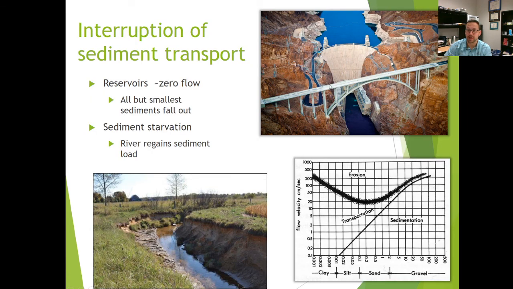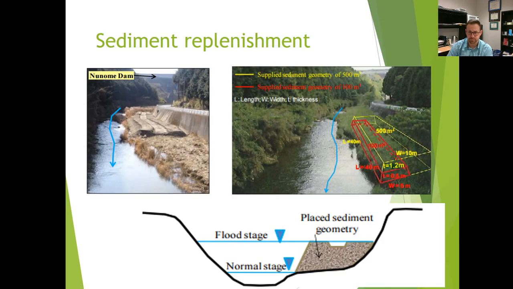Oftentimes what they'll do is there'll be a big pile of sediments right at the downstream end of the dam, not Hoover Dam here, but at the downstream end of the dam, and the river can just pull those sediments to replenish the amount of sediments that river has lost in the reservoir.